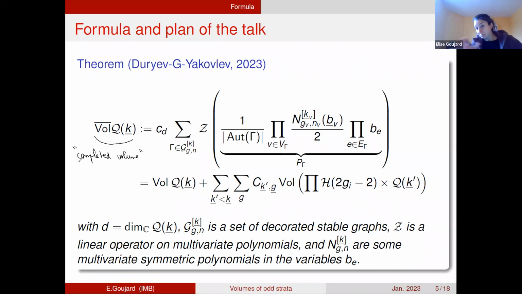It's not quite the volume of the stratum that we want, the Masur-Veech volume that we want to compute, but almost, and I will explain. I define this quantity as a sum over some stable graphs.